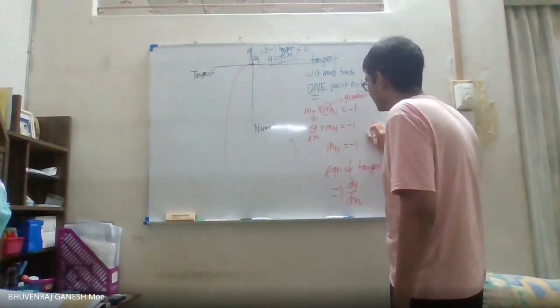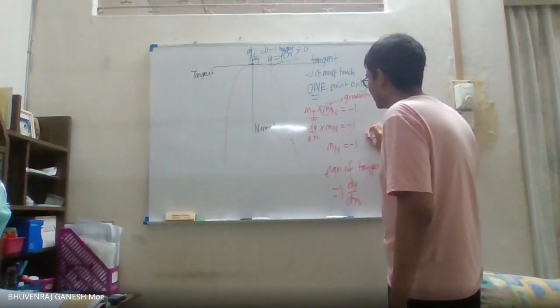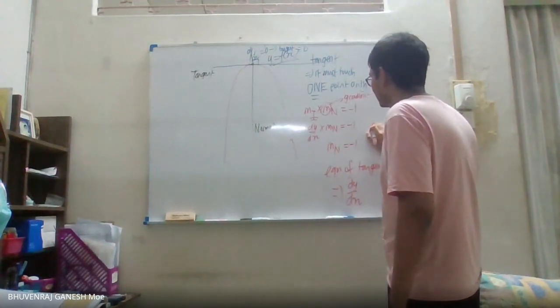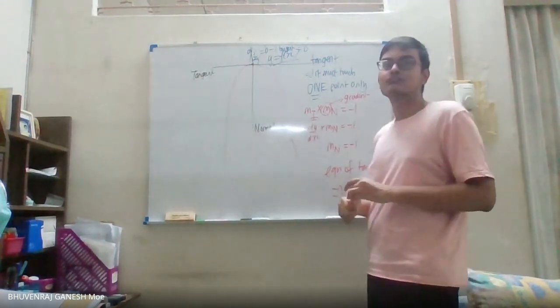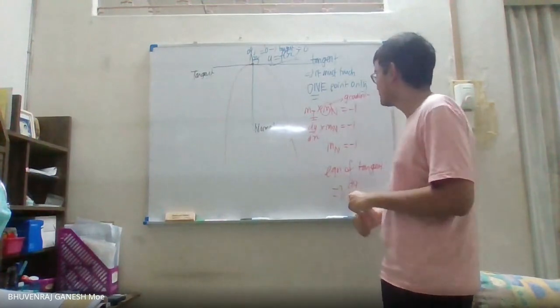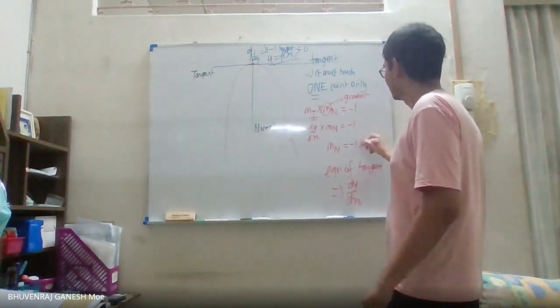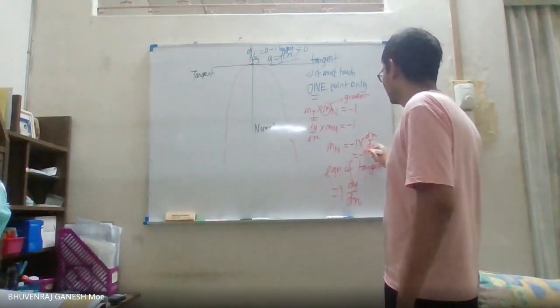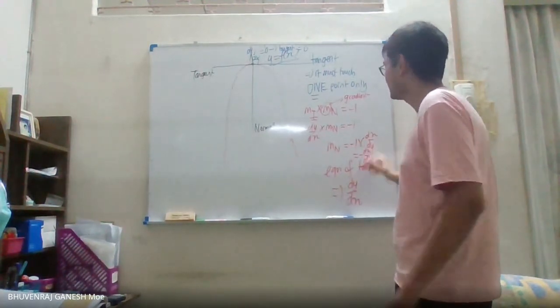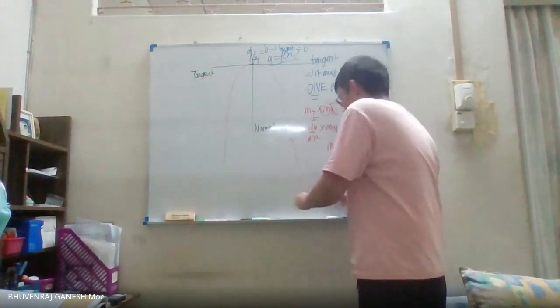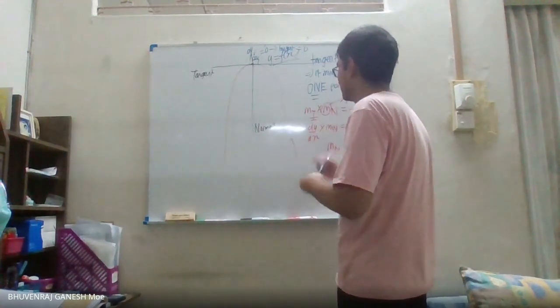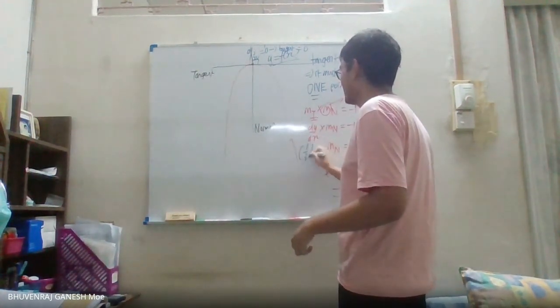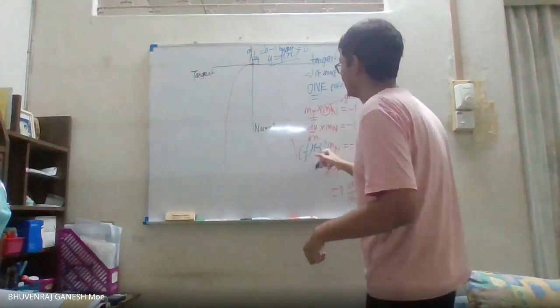So m of normal is... wait, -1 divided by dy over dx. Wait, m normal will come negative dx over dy. Yeah, it should be, because if you have a gradient, let's say 1 over 3, it means you have to add a negative and invert the fraction, so it's -3.